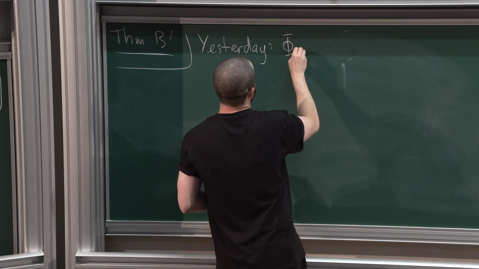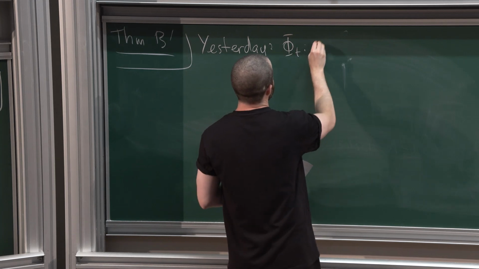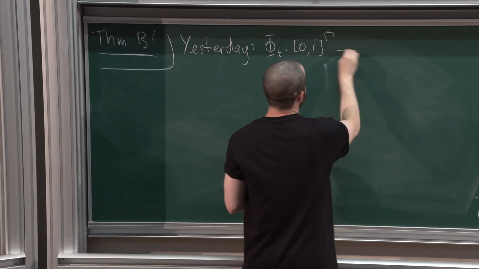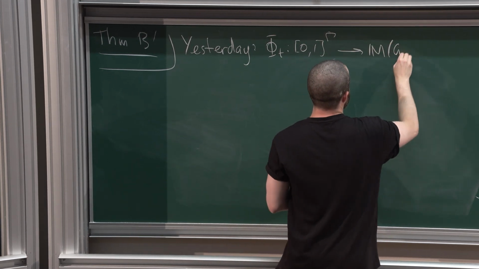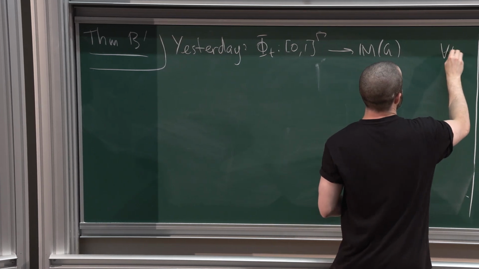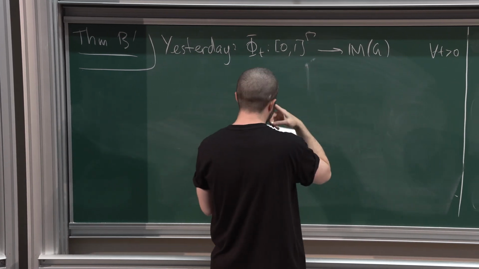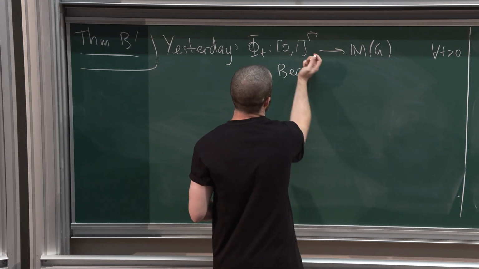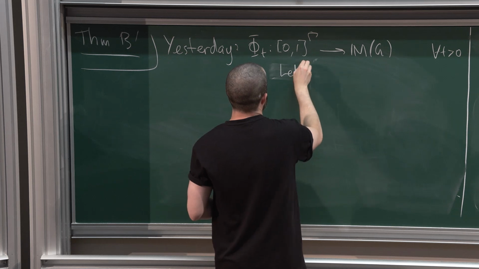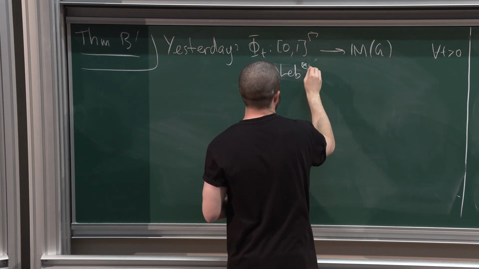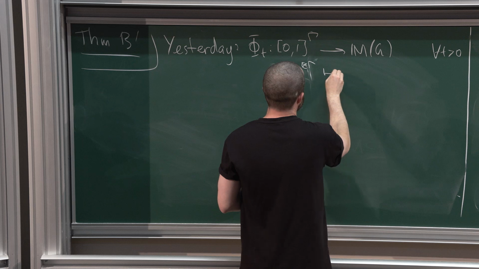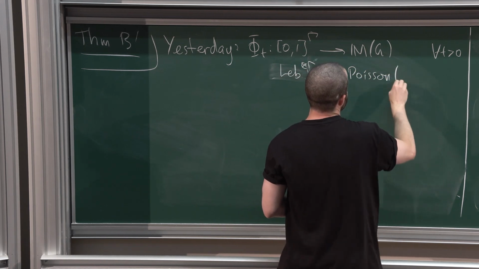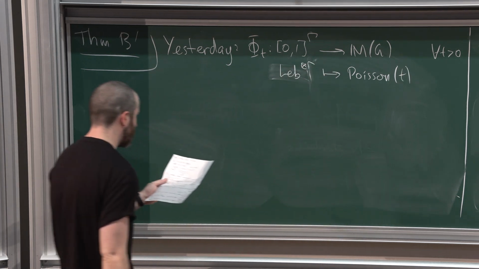So you can think about that as I specified a family of maps which go from the Bernoulli shift of gamma into the configuration space of G. T here is just some real parameter. And the Bernoulli process here, or the power of the Lebesgue measure, under this map takes you to the Poisson point process of intensity T.